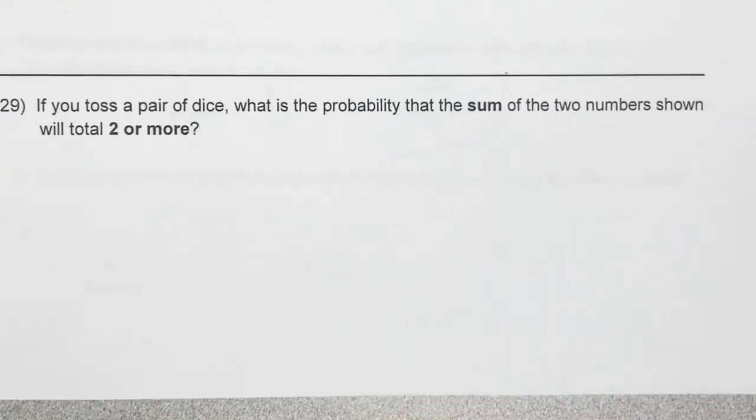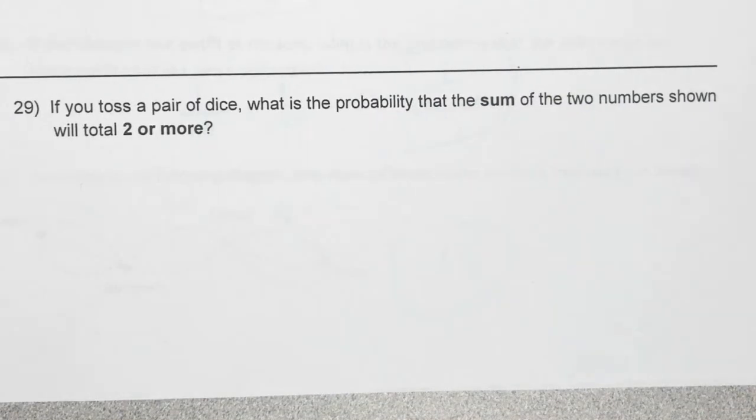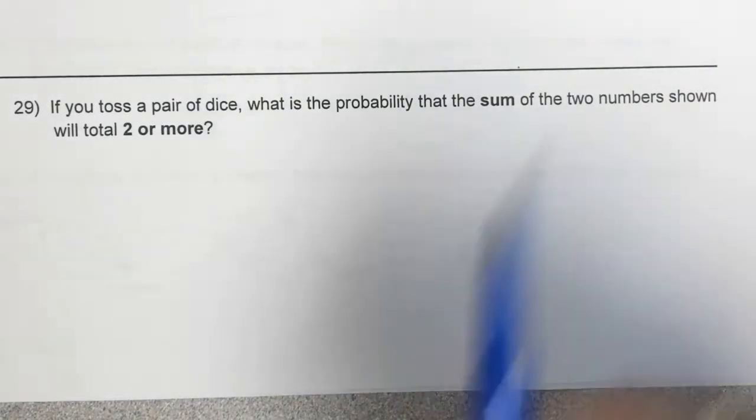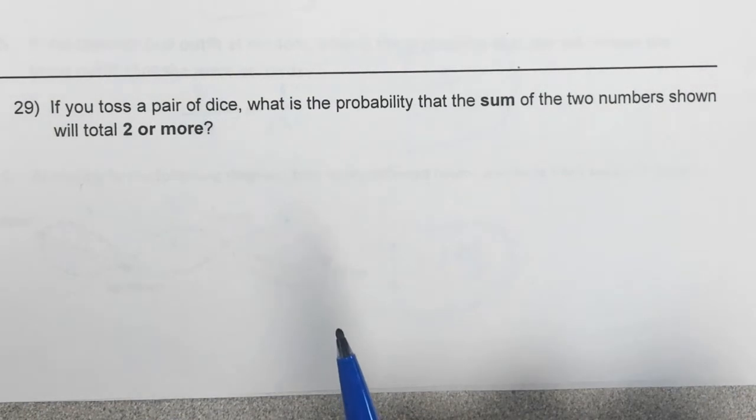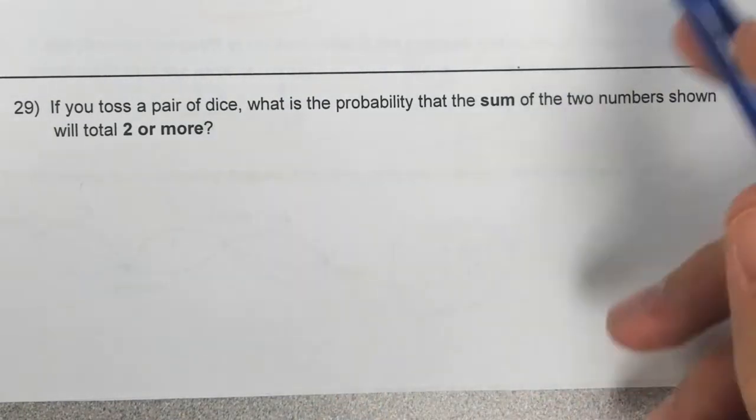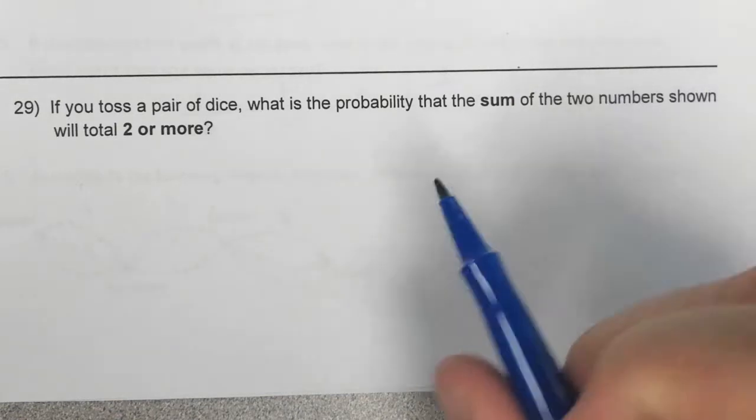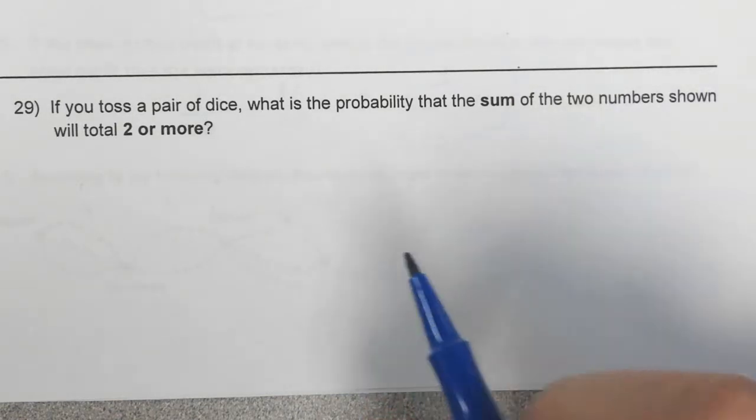Last one. If you toss a pair of dice, what is the probability that the sum of the 2 numbers shown will total 2 or more? Yesterday we did an experiment where we rolled 2 dice. No one got 1.